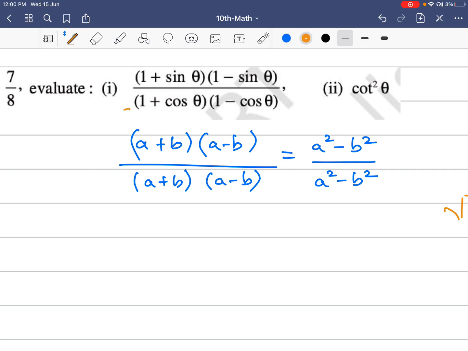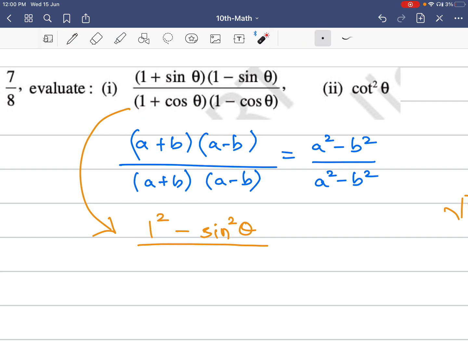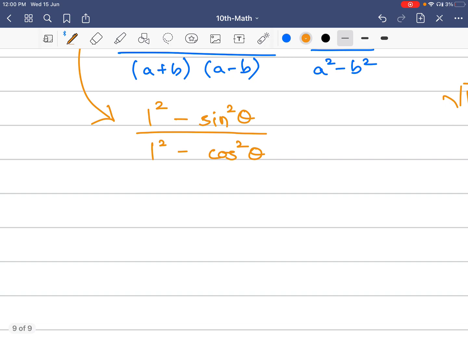Thus I'm going to reduce this to 1 square minus sine square theta, the whole upon, same thing, a square minus b square, so 1 square minus cos square theta. And that is in fact going to be 1 minus sine theta the whole square, the whole upon 1 minus cos theta the whole square.